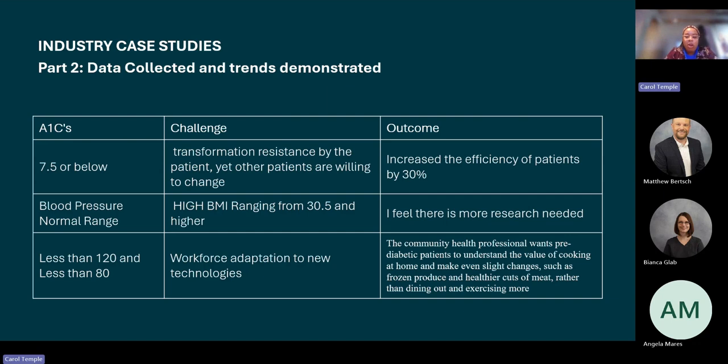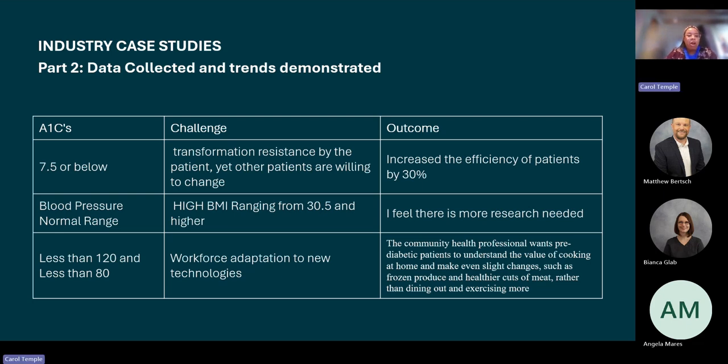So this slide is more detailed and just talks about part 2, data collected and trends demonstrated. I'm first going to talk about the slide itself, and then I'm going to go on to the notes. A lot of the data that I looked at, many of the patients who are pre-diabetic, their A1Cs fell under 7.5, and in terms of transformation resistance by the patient, some patients are willing to change and others are not.